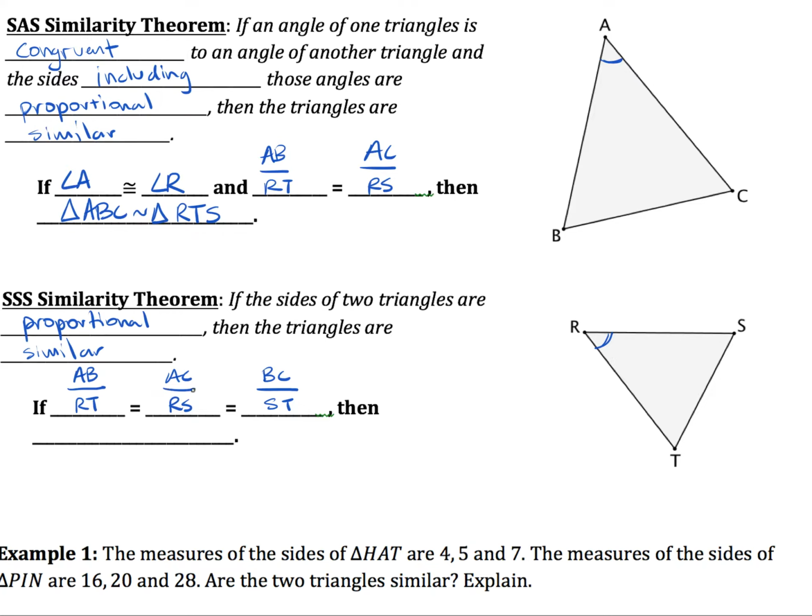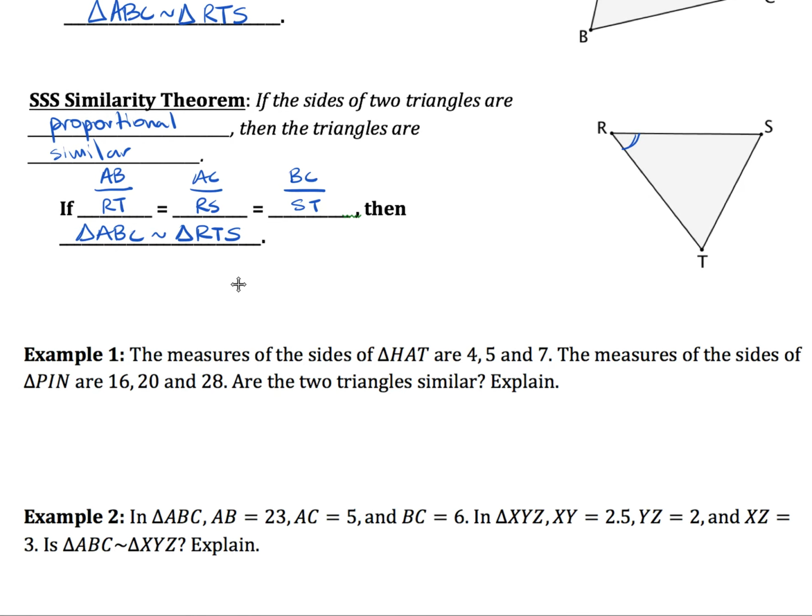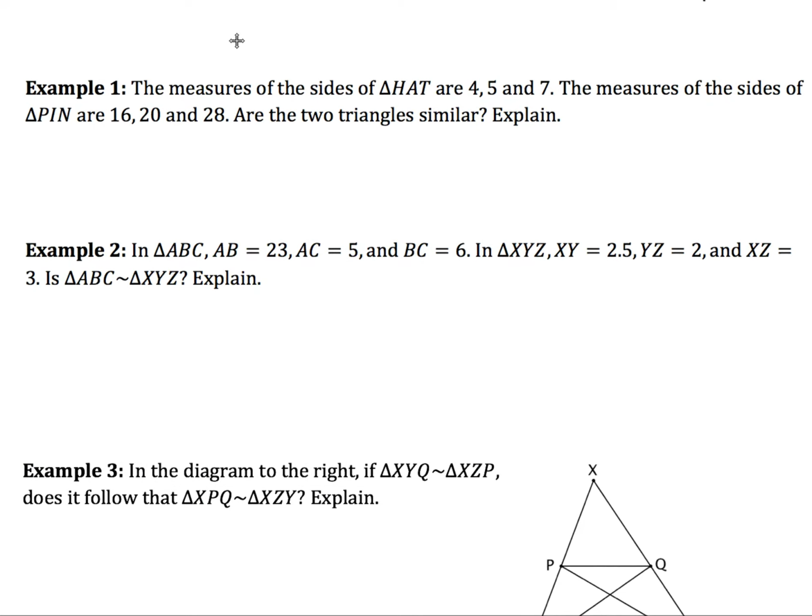All three pairs of corresponding sides have the same ratio. And if that's the case, then triangle ABC would be similar to triangle RTS. So we have side angle side similarity and side side side similarity. So let's take a look at some examples and try and put these to use.